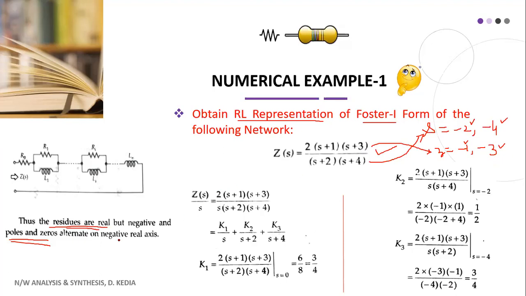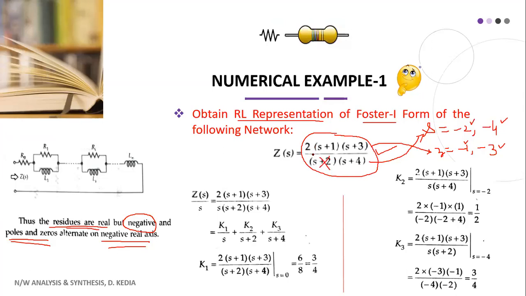I hope you are now clear with this, that your poles and zeros are alternating on the negative real axis. Okay. Now another thing is, we are saying the residues are negative. Residues are negative means, for the pole, you substitute the value of the pole. So what is the pole? s equal to -2. You substitute s equal to -2 in this function, but you do not consider the corresponding term.